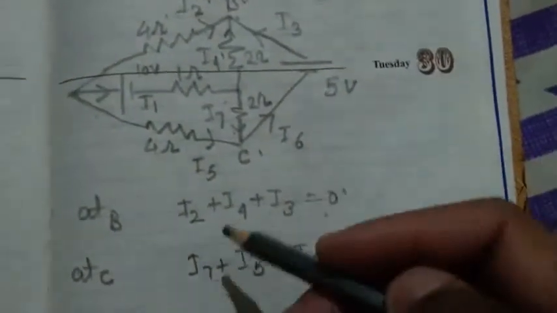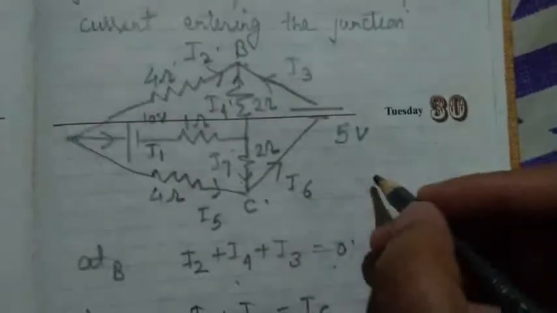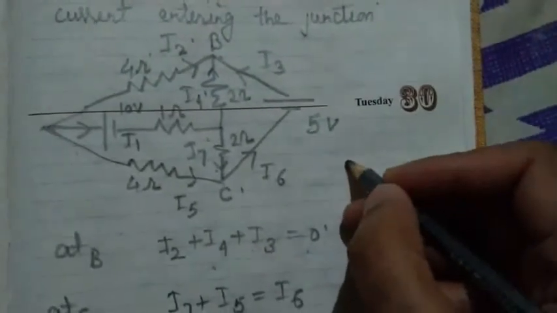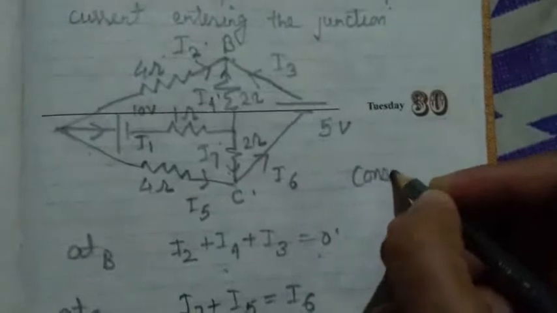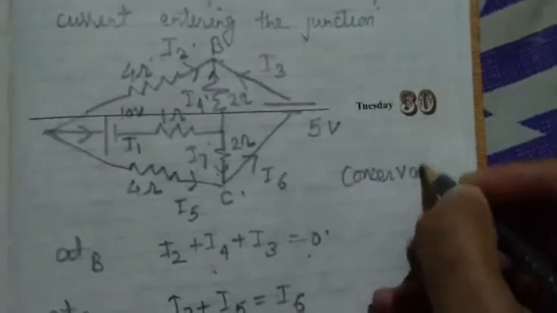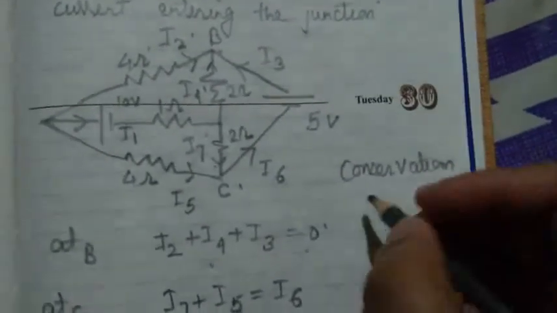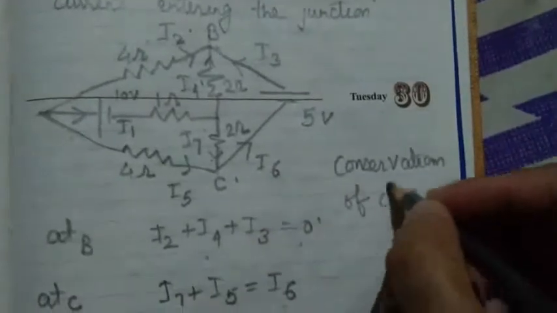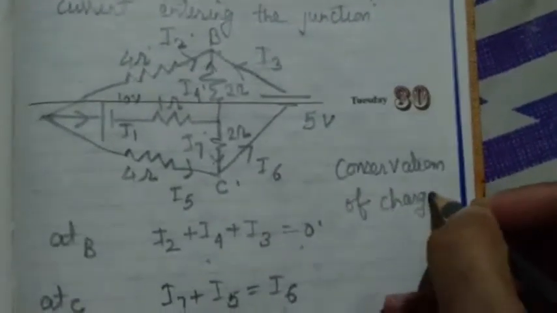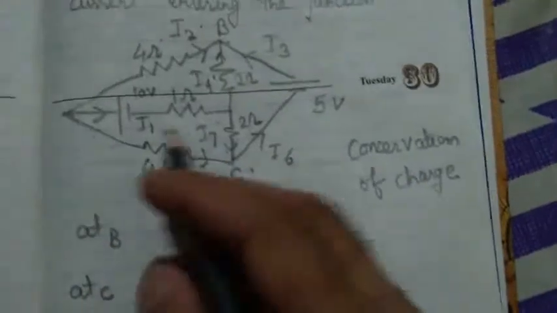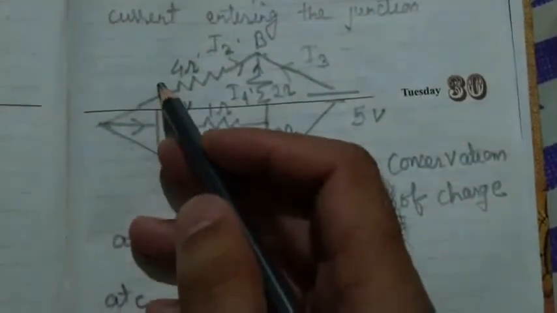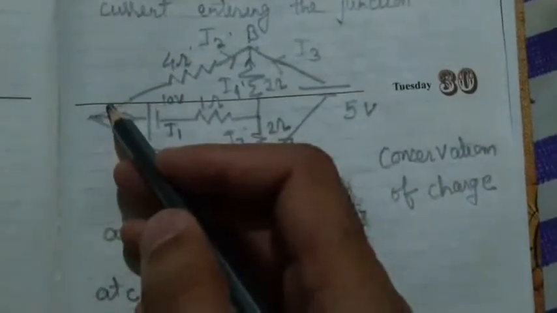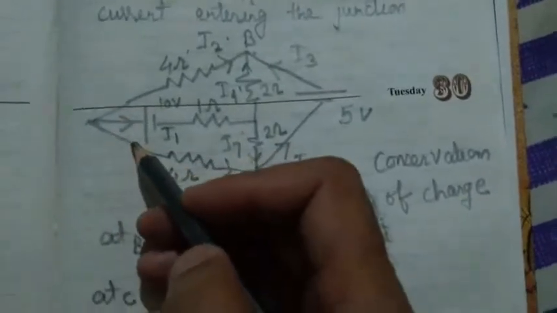Now this law is based on conservation of charge. So this first law is also based on conservation of charge. It means the charge that comes towards the junction will be equal to the charge which is leaving the junction.